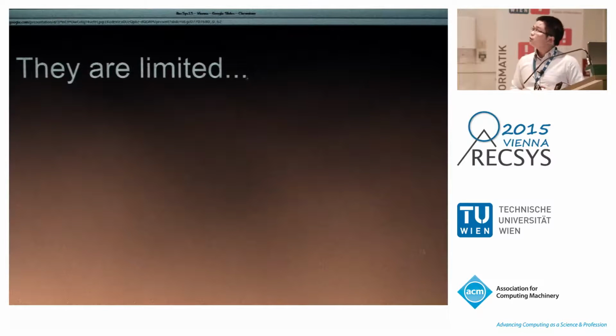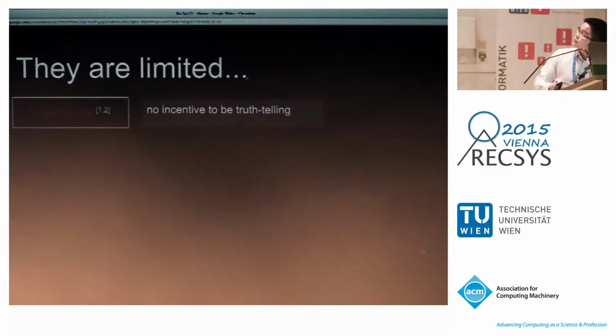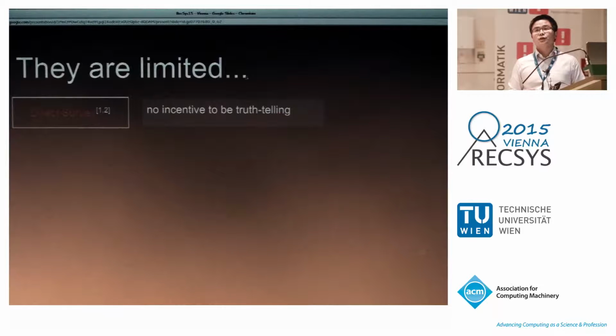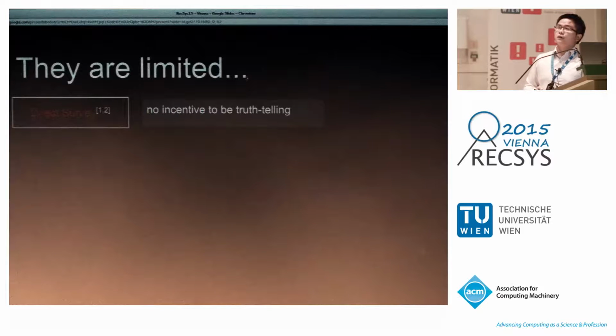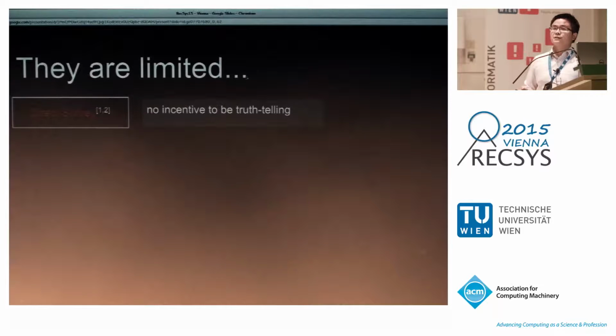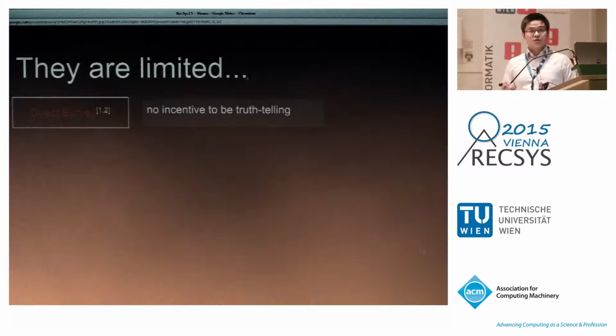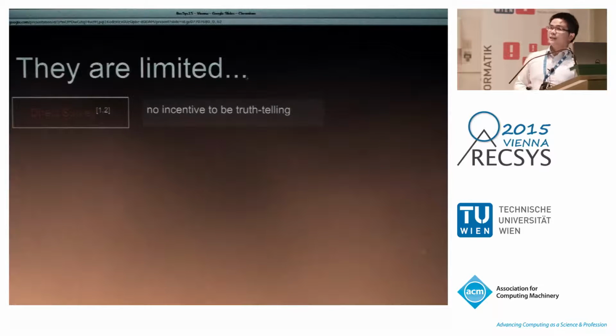So what are the problems with all these existing approaches? Let's look at it. For the direct survey, apparently the subject has no incentive to tell you the truth, right? They can either understate the price or overstate the price. So the data collected in this way are not reliable for building a model.